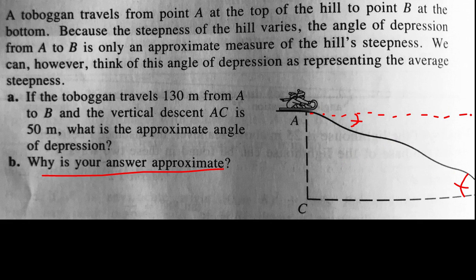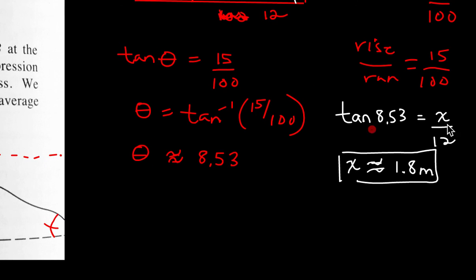I'm going to pull over again and redraw this picture. Let's erase all that and redraw it. This is the top of the hill, and this is the base, the distance, and here I'm just going to draw a straight line.